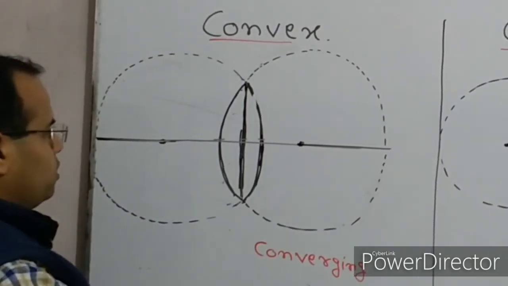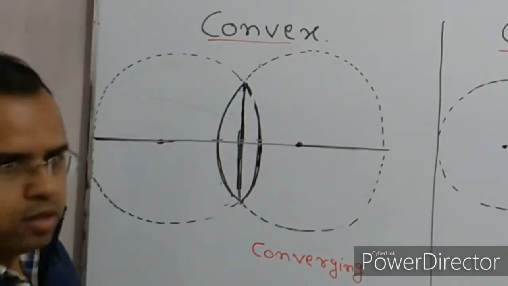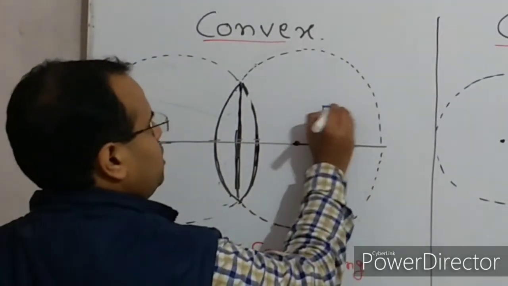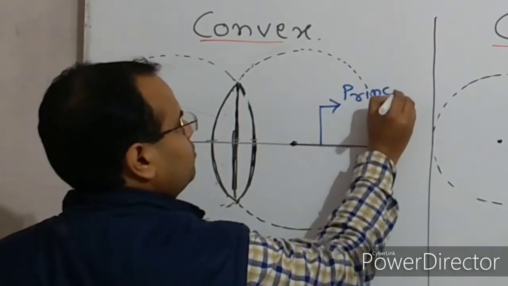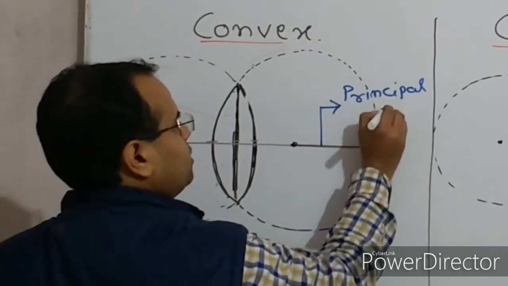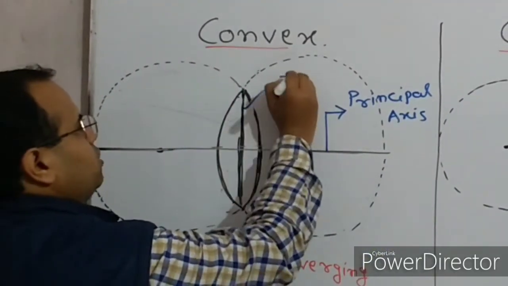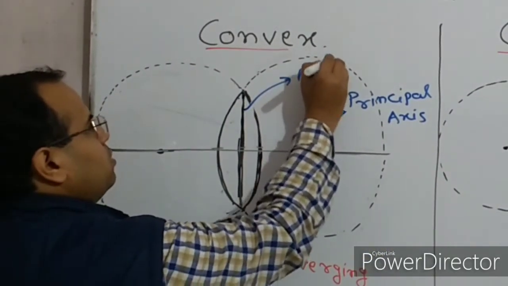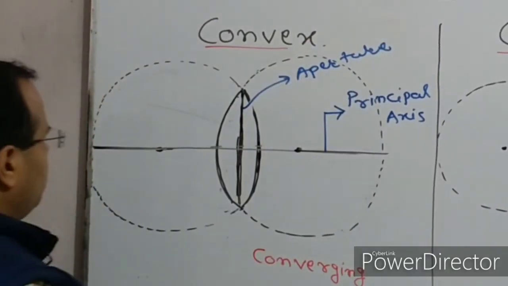So this line which I have drawn just now is the principal axis, and this is called the aperture of the lens.